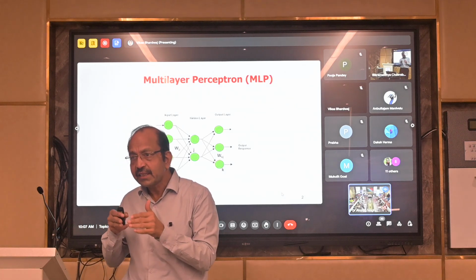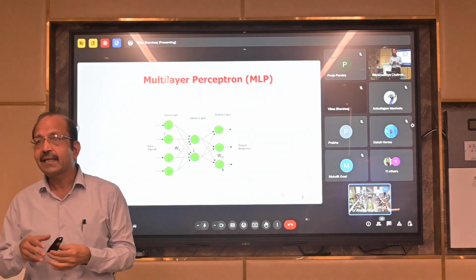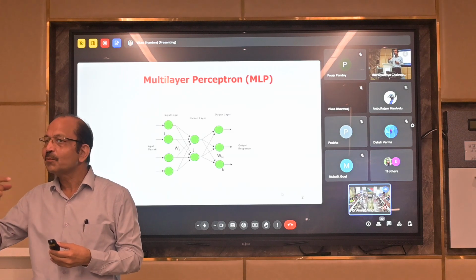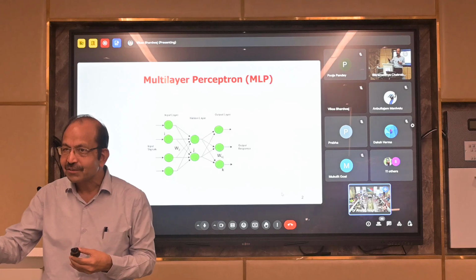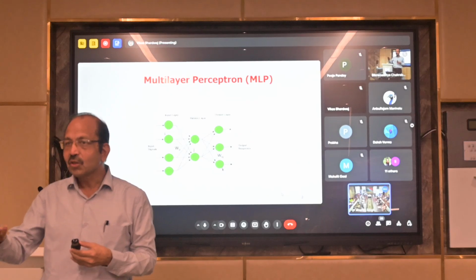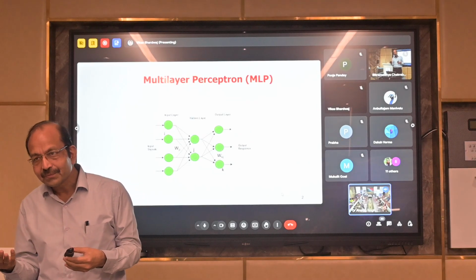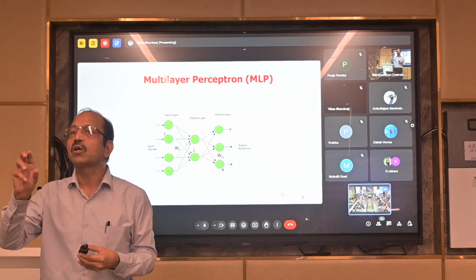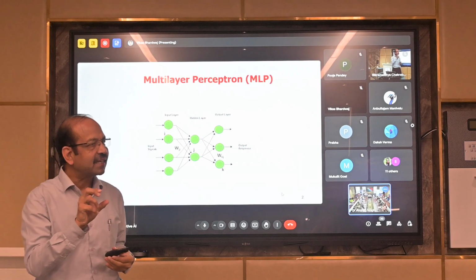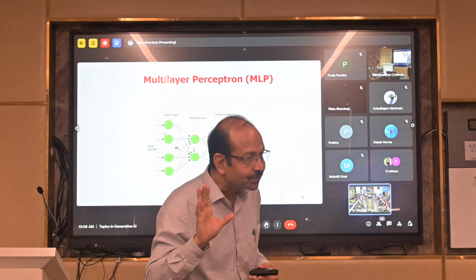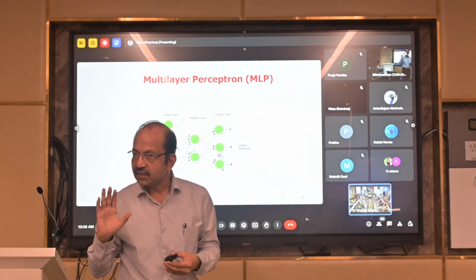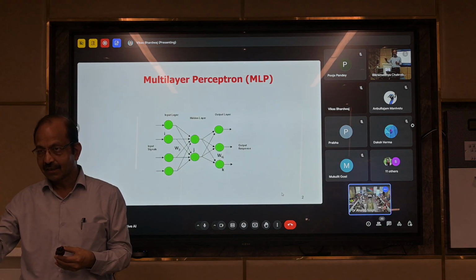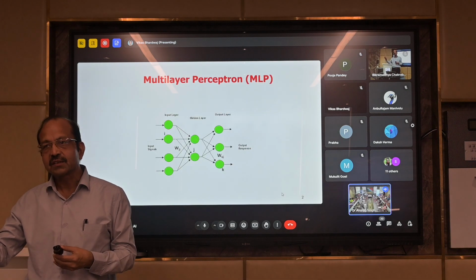There is some input to the neuron, and this neuron will process it. After processing, it has to give some output. How do you find out what the output will be? You model this with the help of some kind of activation function. You can use different kinds of activation functions; you may have heard of the sigmoid function, ReLU function, sine function.